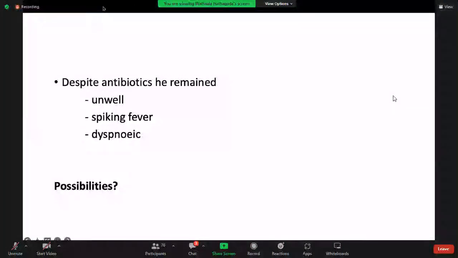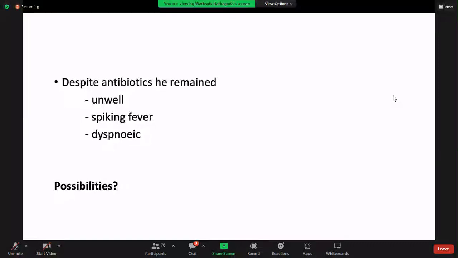There can be resistance. Yes, so one said there could be resistance to antibiotics, right? And another one said there could be a complication. All right. So what are the other possibilities? Empyema or abscess formation? Yes, empyema, abscess, local complication.